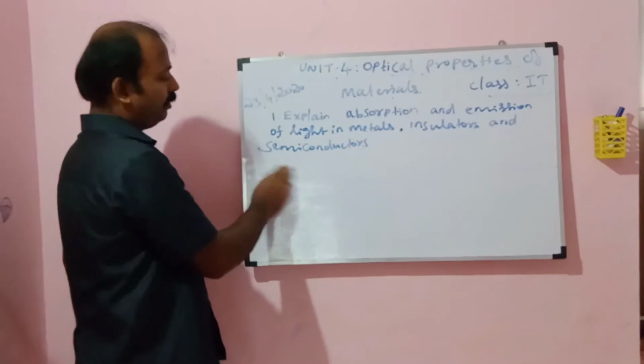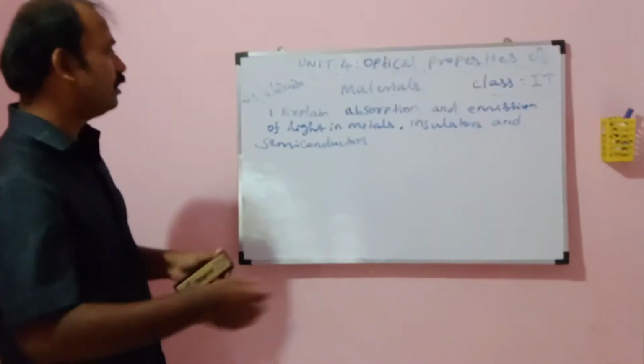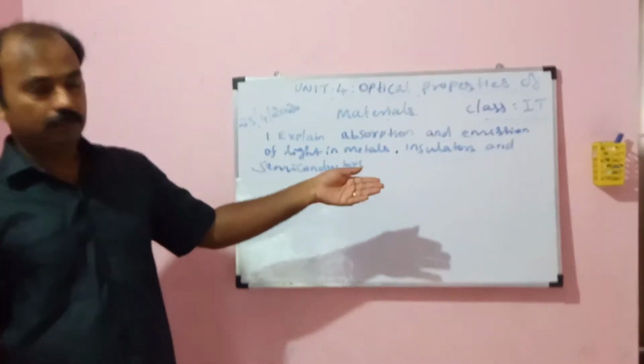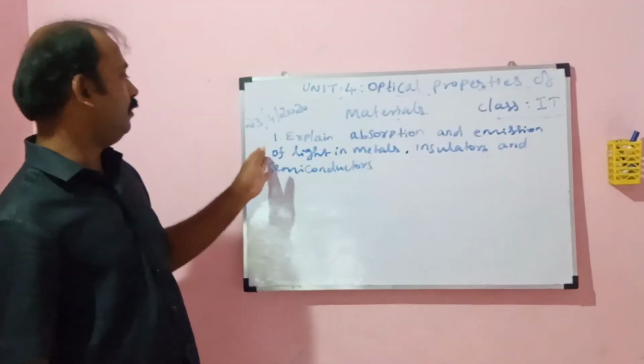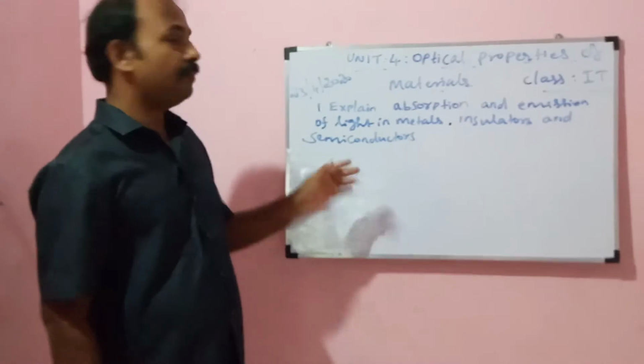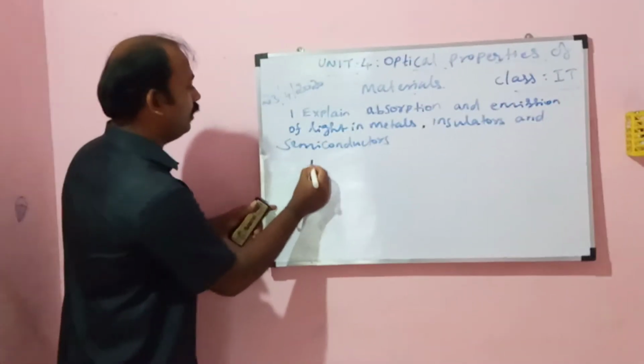Metal is nothing but a conductor. So the meaning of this question is how the light is going to be absorbed and emitted by the metals, insulator and semiconductor. First we are talking about the metal.